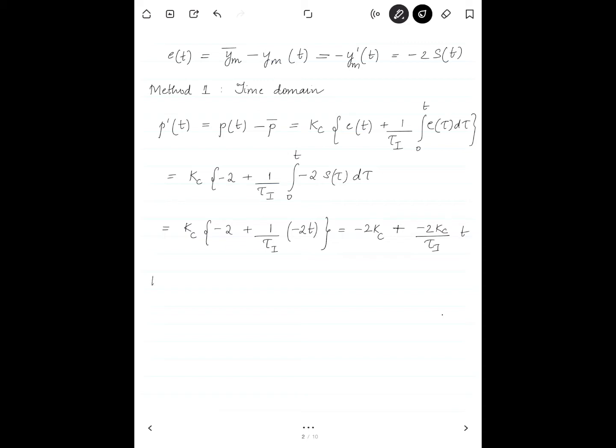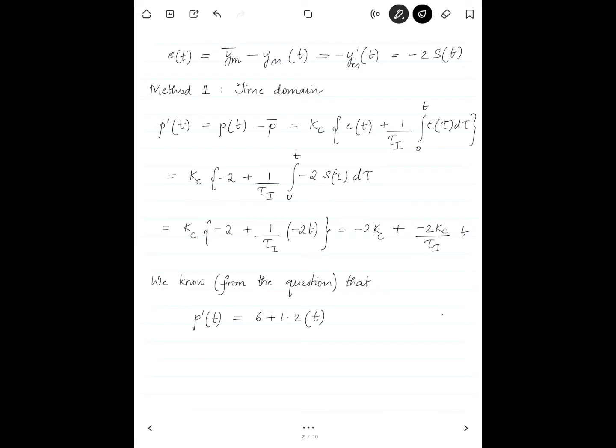However, from the question, we already know another expression, from the graph, for p deviation. And from the question, we have that relation: p deviation of t equals 6 plus 1.2 times t.